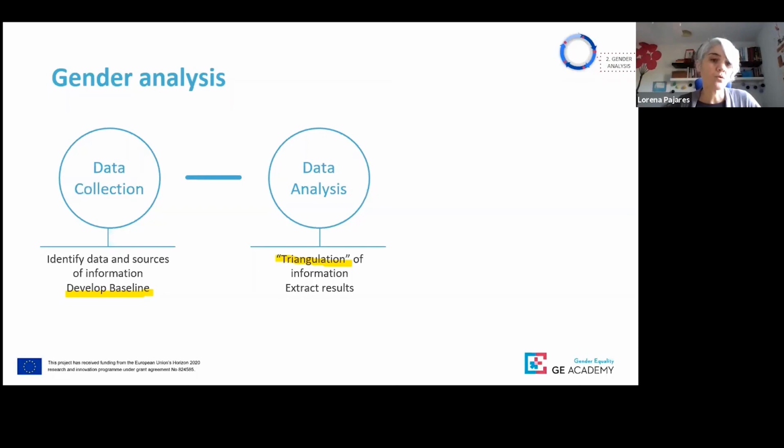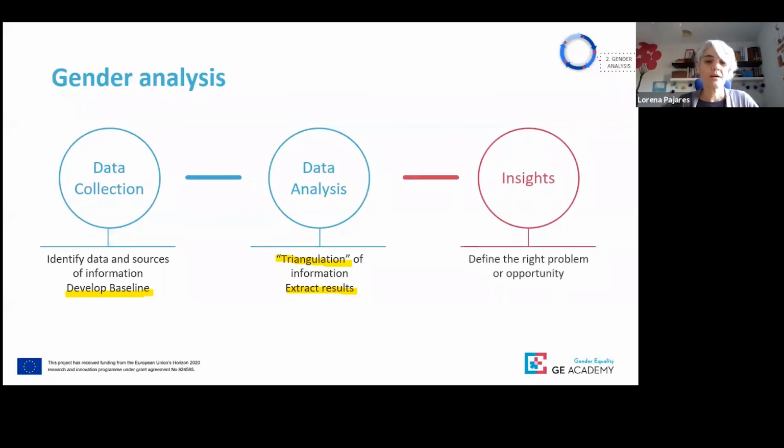And then, of course, we extract results here. With all this analysis, we translate that into insights. And we define with that, for our context, what is the right problem or the right opportunity, okay? And to define these, the participatory techniques can definitely help in this work. So as you see, there is a lot to care about for proper gender analysis here.